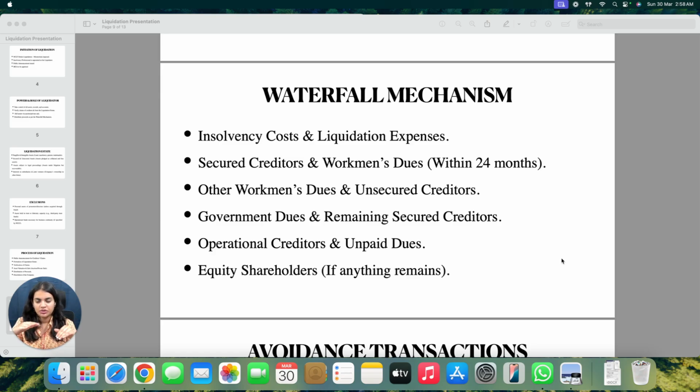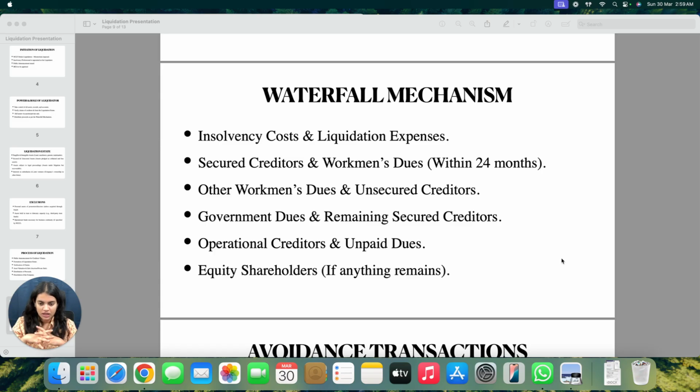This report will state the amounts realized and that all of the assets have been realized. And the liquidator, as I've told you in the previous session, is empowered to initiate any litigation as well in the interest of the corporate debtor.